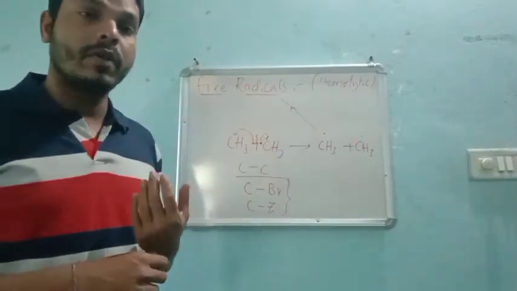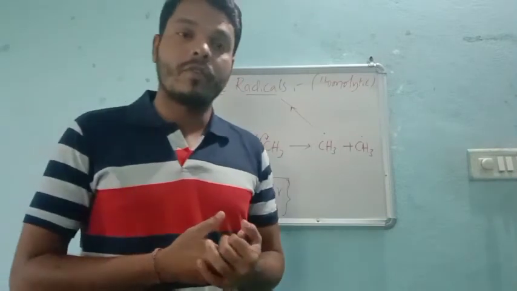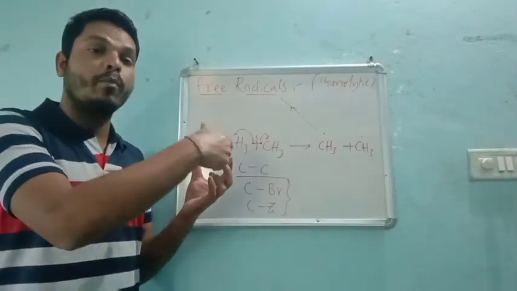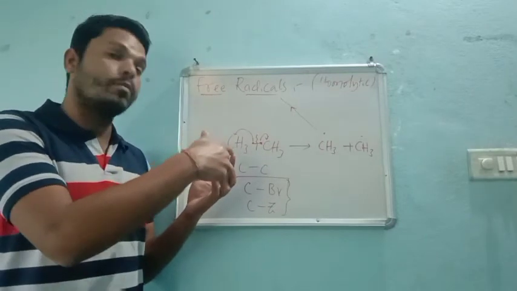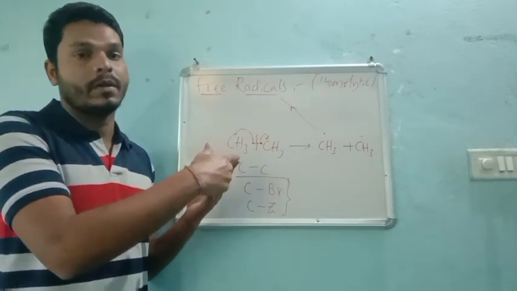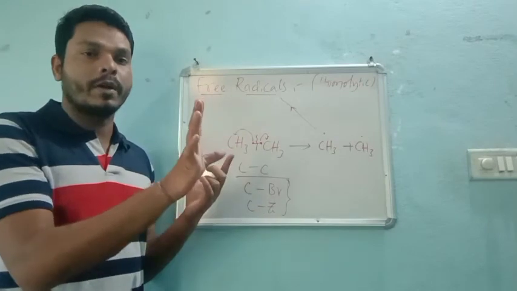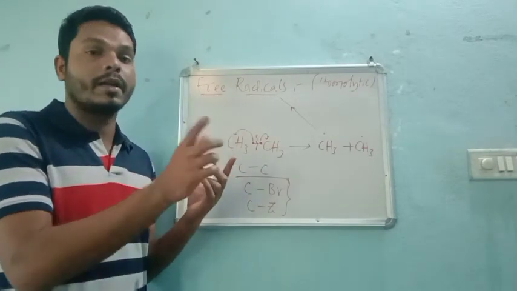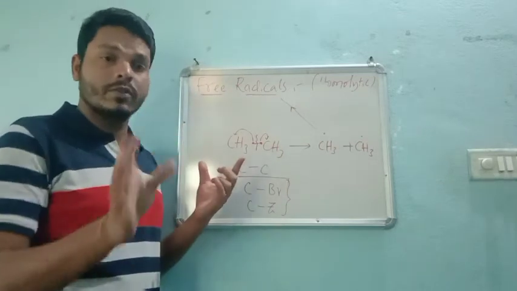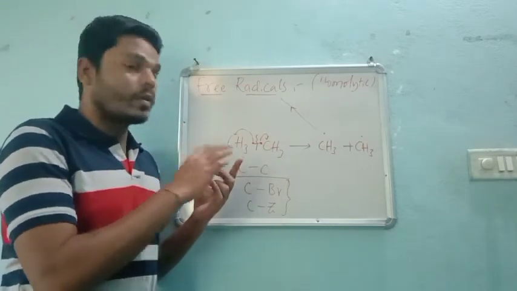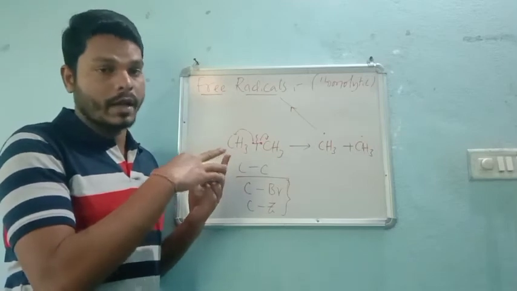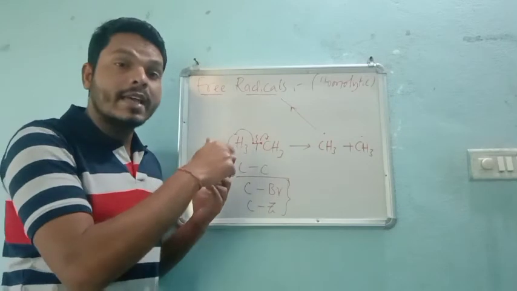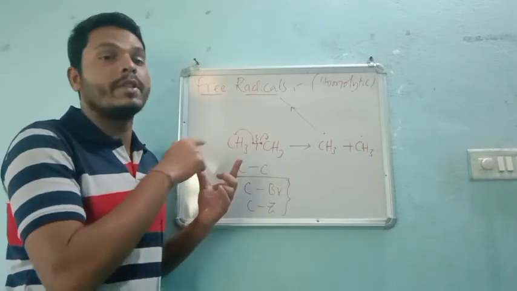Carbocation will form when there is a bond between carbon and a more electronegative atom, by heterolytic cleavage. Carbanion also should have heterolytic cleavage only, but here less electronegative atoms should be with the carbon.